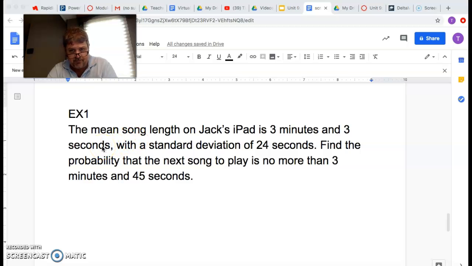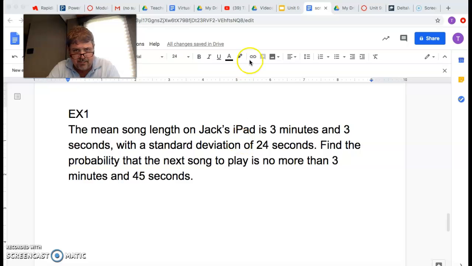We could do it that way, but then this 24 would have to be 24 over 60 minutes. So if we stay in minutes, we have to convert them to minutes. Or we can just go all seconds, which is 180 plus 3, so 183, 24, and down here, this would be 180 plus 45, so this would be 225.